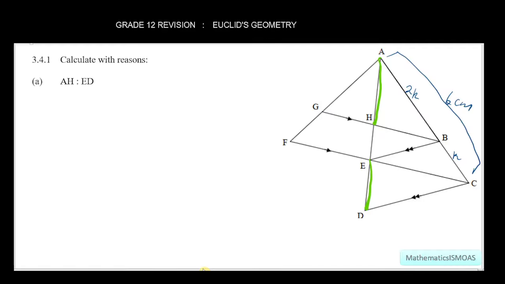We are getting it from proportionality theory, where we have a triangle and a line drawn parallel to one side of the triangle, whereby it divides the other sides proportionally. Therefore, we need to determine the length of AH, and also the length of ED, and then find the ratio of the two lengths. That is the approach that we are going to take.